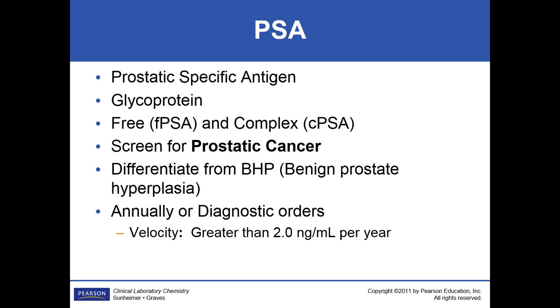There's also a different order category called diagnostic. Once a patient has been diagnosed with prostatic cancer, they may follow up more frequently than annually, so it has to be billed a different test code, and so you may see a diagnostic PSA test order, which is different than just your annual screening.